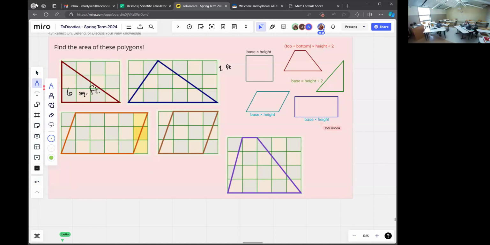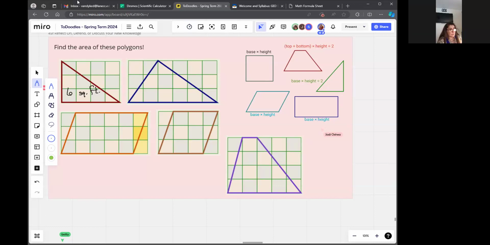Okay, how about the blue one? How big is the blue triangle? Can you do the same thing? Can you copy what he did, Jody? First, tell me how big this whole rectangle is that's surrounding the blue.